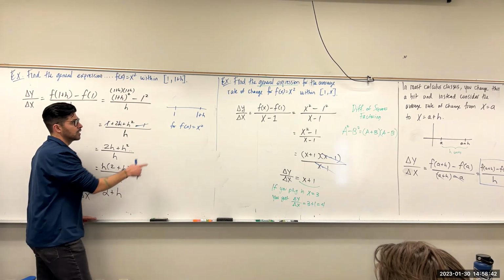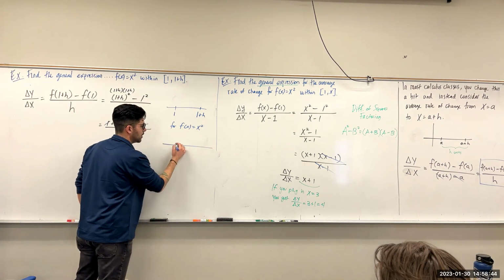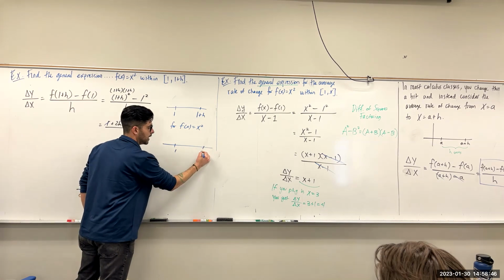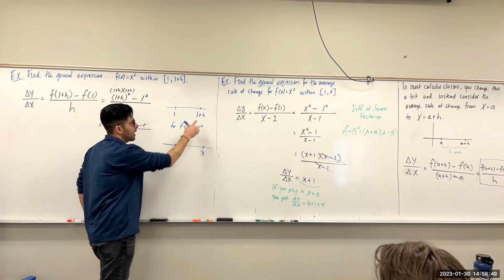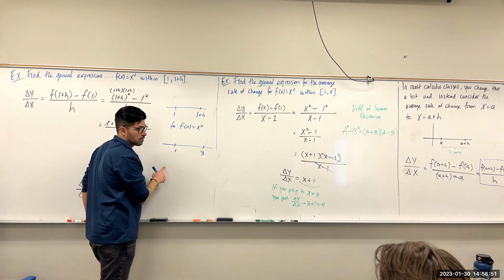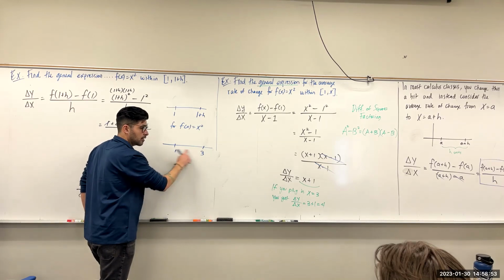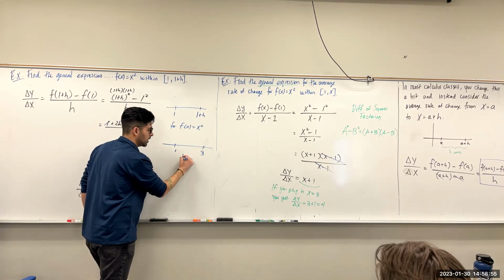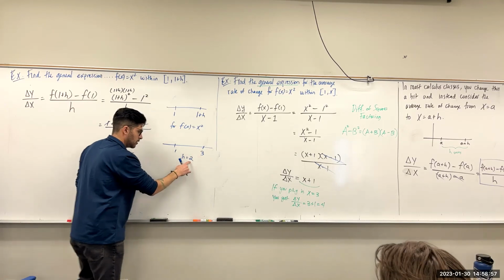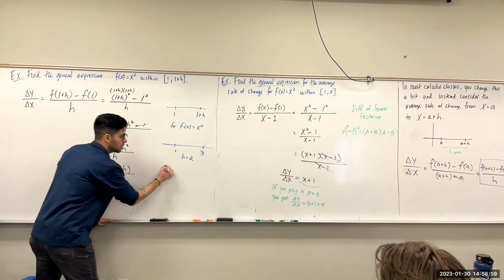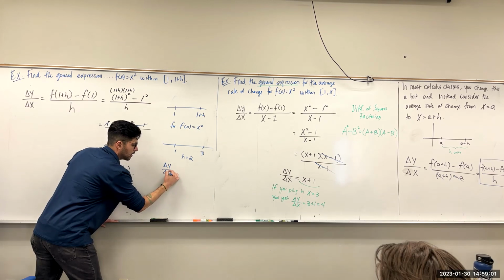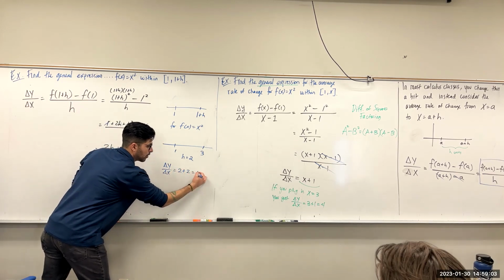So I want to find the average rate of change from 1 to 3. I need to figure out what that h value is. h represents the distance between these two. So in this case, h would be 2. You plug that 2 in here, and then you get 2 plus 2, which is 4.